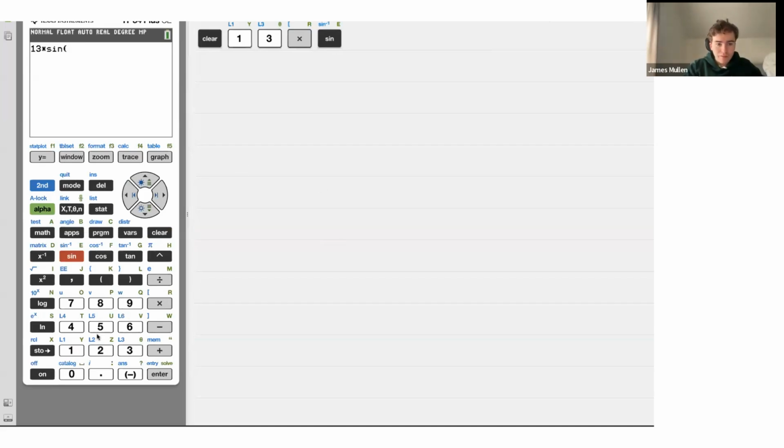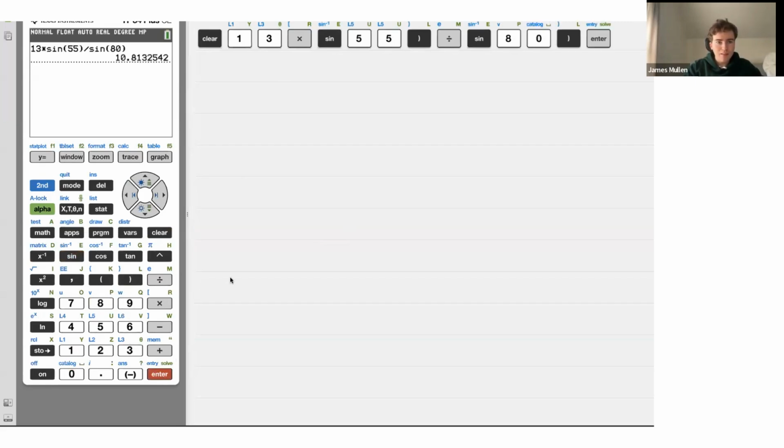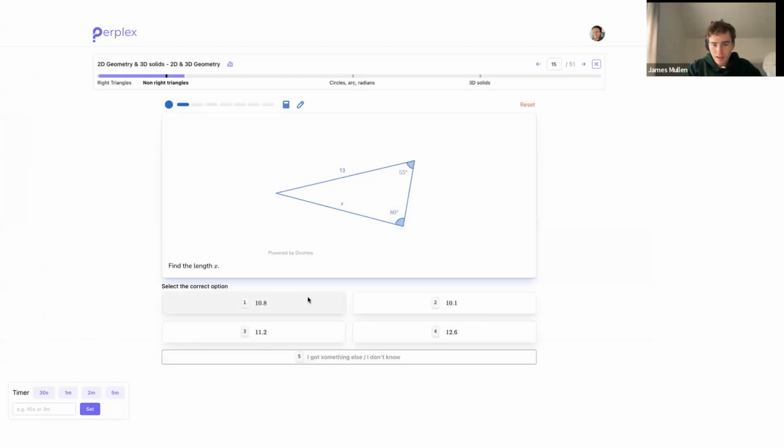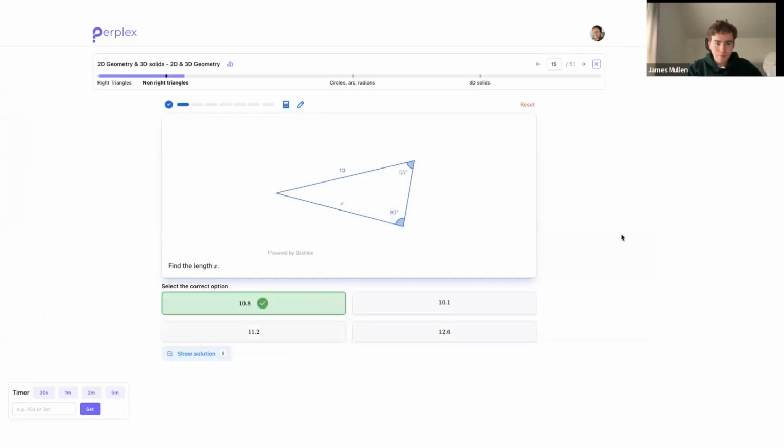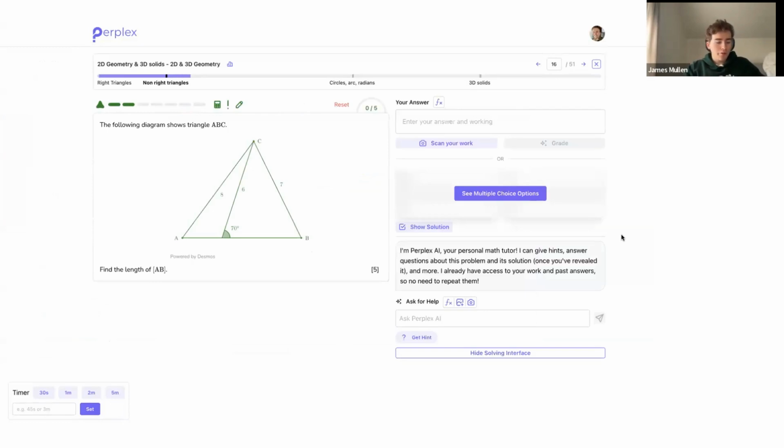Yeah, sine of 55 divided by sine of 80. And that gives me 10.81. So let's put that in. 10.8. Nice.